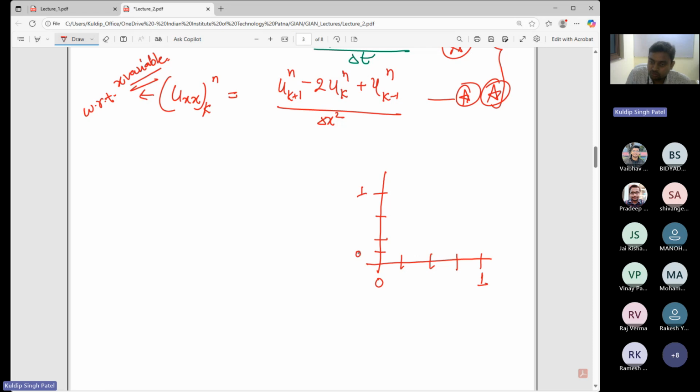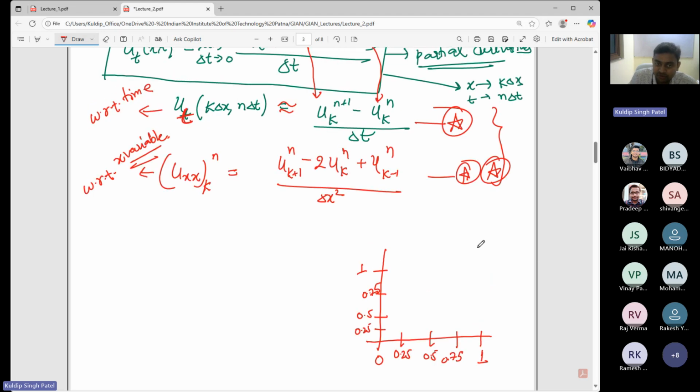So this is 0.25, 0.5, 0.75 and 1, and this is again 0.25, 0.5, 0.75 and 1.